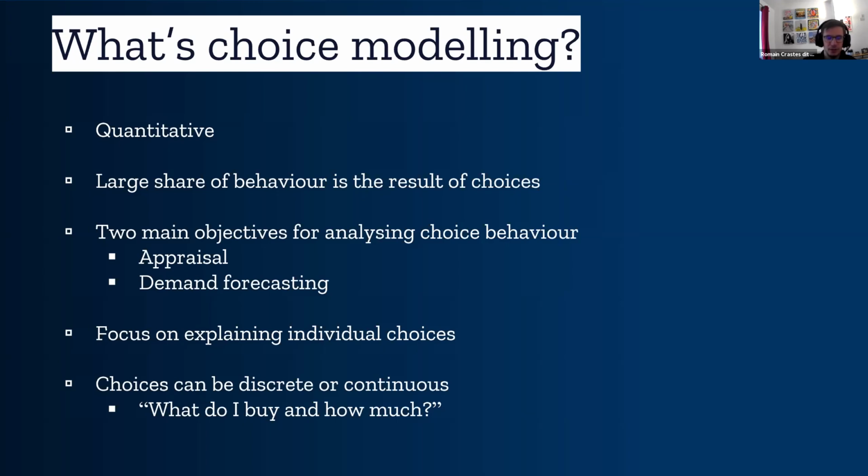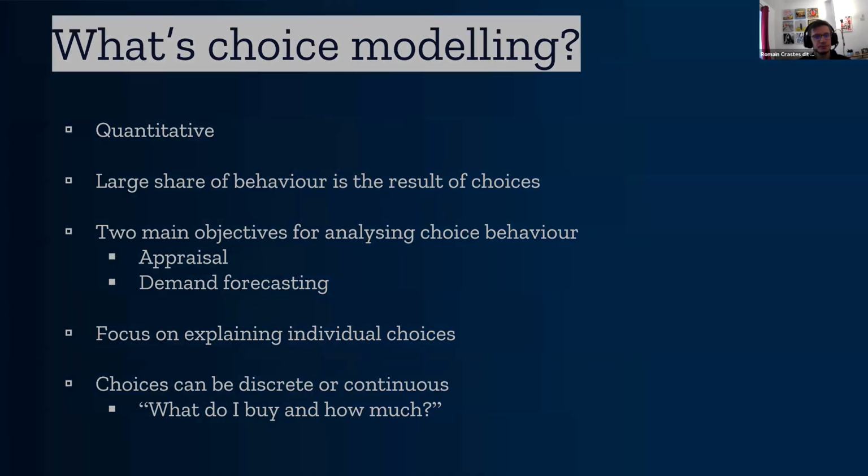We are going to focus on explaining individual choices, but one could also model company choices, group choices, joint choices, whoever the agent is. And in the context of today, choices are going to be discrete, but in general, you can use choice models to model both discrete and continuous choices, such as what do I buy and how much of each.